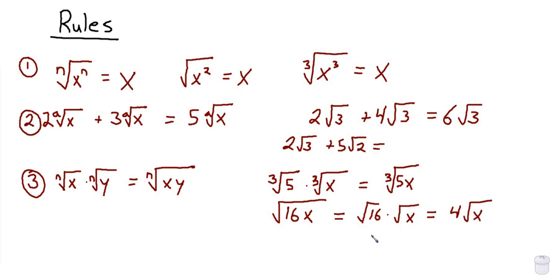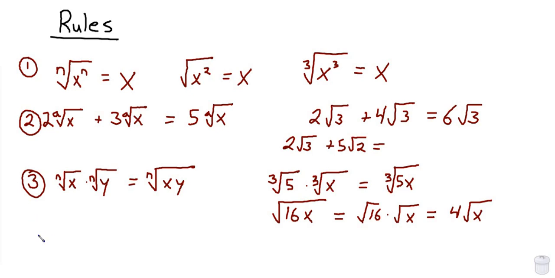That remains the square root of x. So notice I broke this apart into multiplying two of the same index radicals. And up there I had two of the same index radicals, and I combined them together underneath one. They're both cube roots, so I combined them underneath one cube root. Here, the square root of 16x, I split it apart into two different square roots.